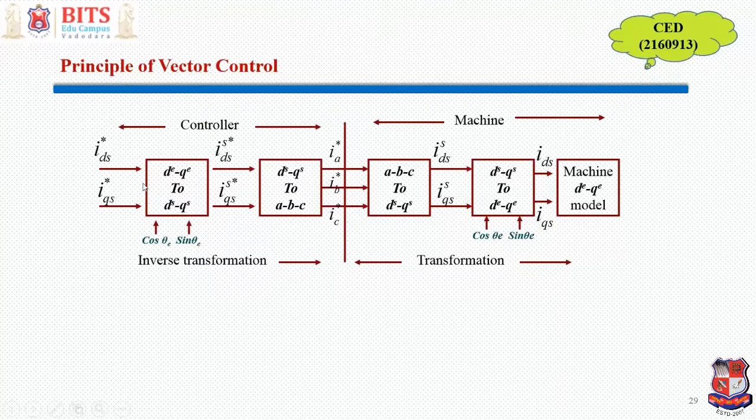So you compare with the required values of ID and IQ and go for the necessary control algorithm, and ultimately you produce the required firing pulses, PWM pulses, so that you get the required change in the torque or the required change in the speed. So ultimately you are tuning the values of IDS and IQS such that you get the required performance.